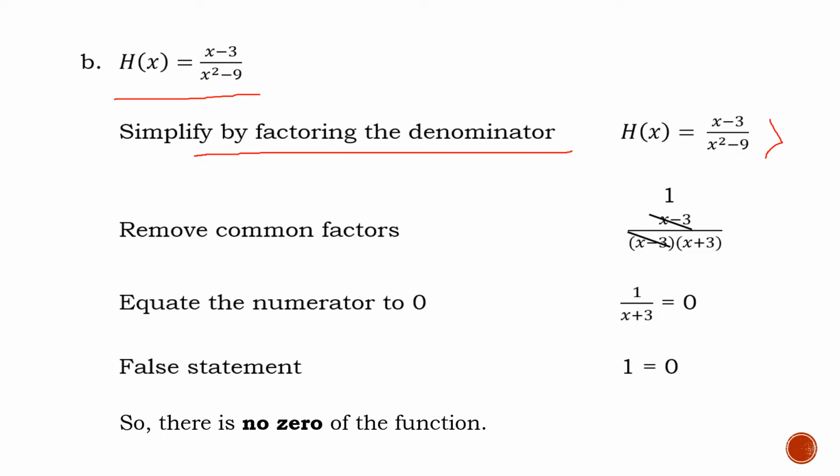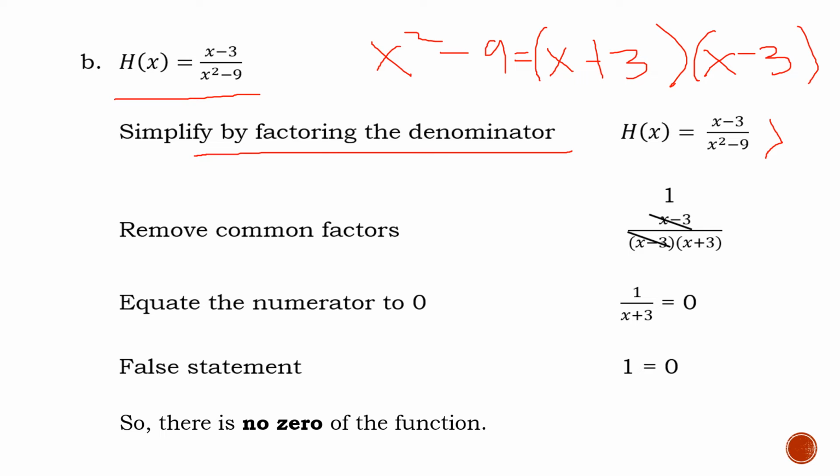Because your x squared minus 9 is equal to x plus 3 multiplied by x minus 3, if we apply the concept of your algebra, no, from the special products on how we factor a quadratic expression, that's how we get the factors of these. Your x squared minus 9 is equal to x plus 3 multiplied by x minus 3.